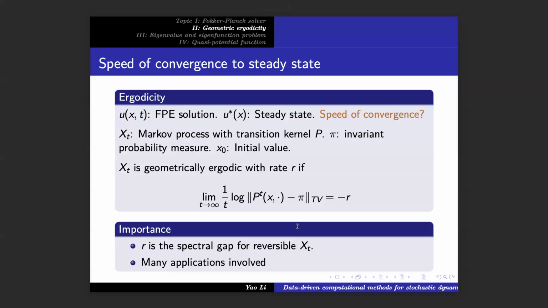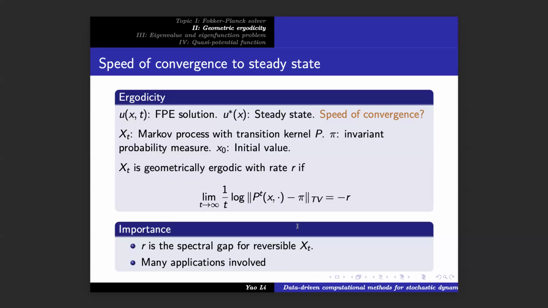And the second thing is, how fast do we have the convergence to this steady state? That's also important because it's not just about the stability, it's also about the sensitivity. Why? Because say you have a stochastic differential equation with a steady state, and you want to understand how the change of some parameter, or maybe some additional terms, changes your steady state.